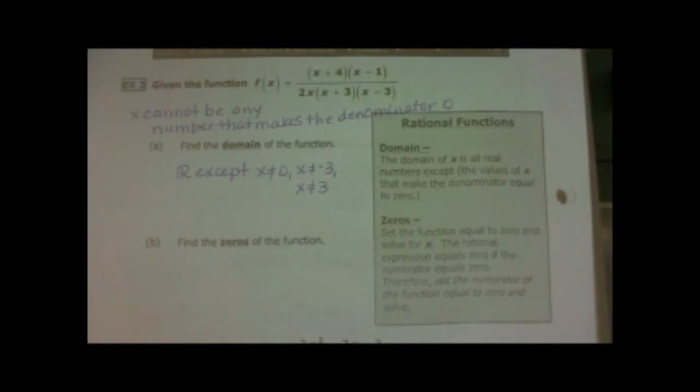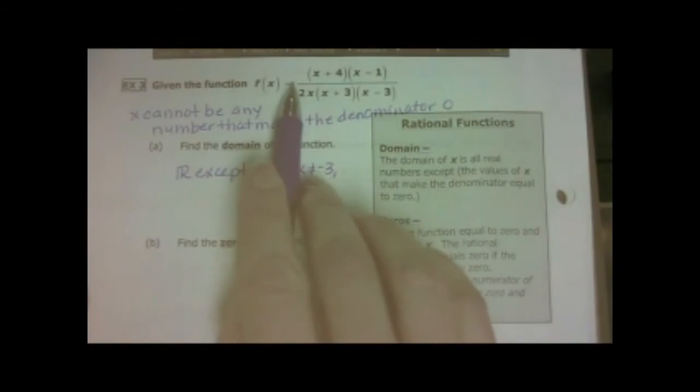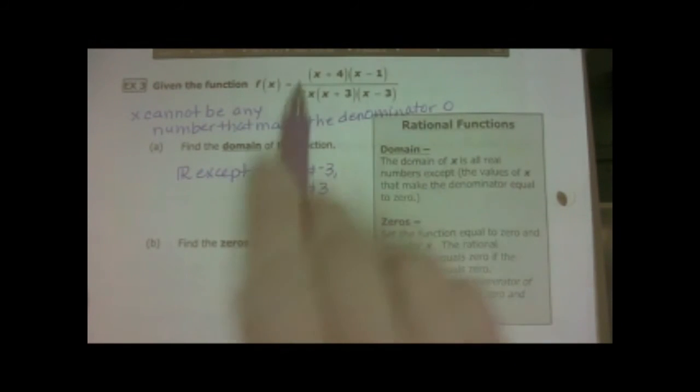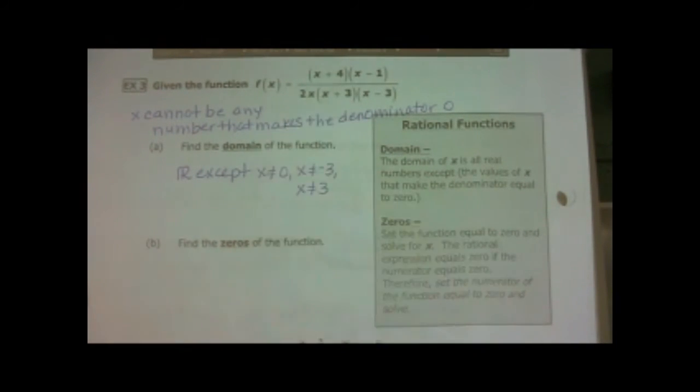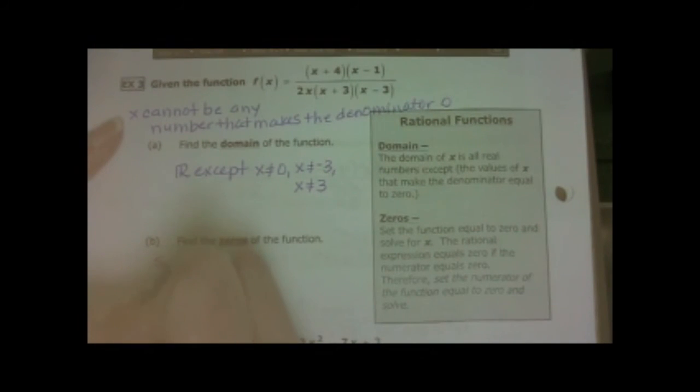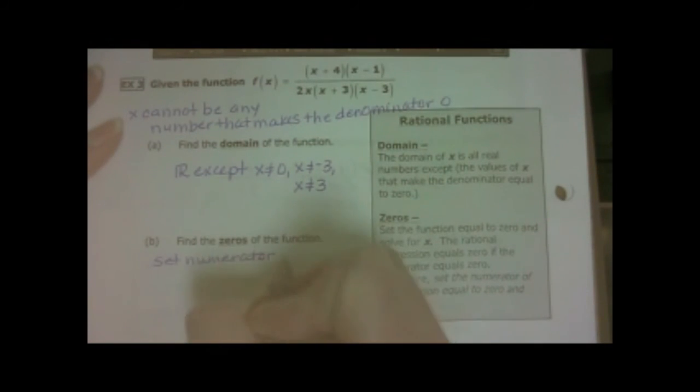Now, we've talked about the zeros of a function. The zeros of a function are when our whole function equals 0. Well, this whole function will equal 0 if the numerator is 0. So all we have to do is set the numerator equal to 0 and solve.